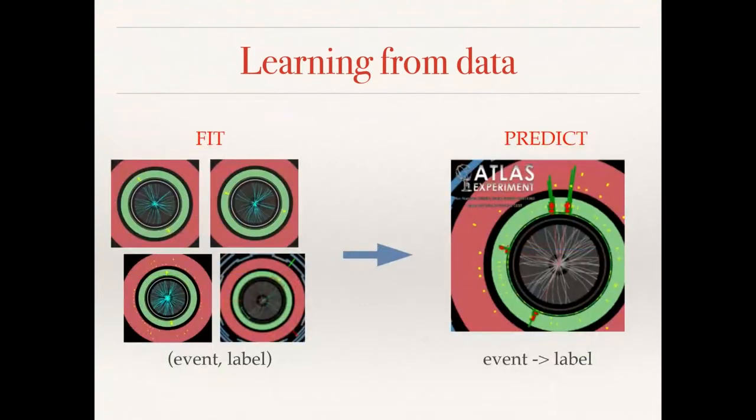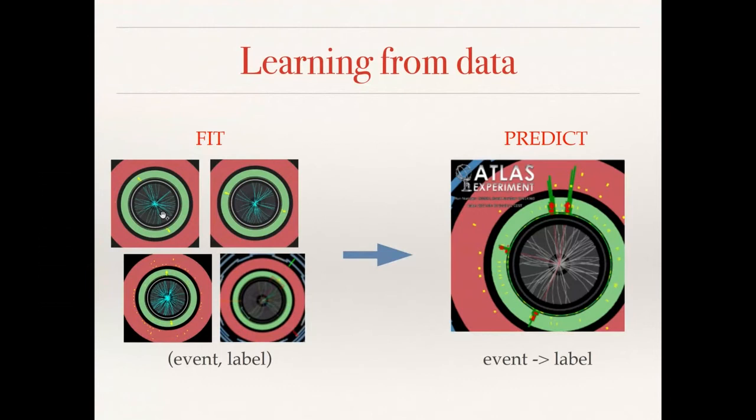Closer to home, let's say that you are a particle physicist, like we are, an experimental one, and you are trying to understand whether in the LHC collisions there are signatures of the Higgs, of having been able to produce the Higgs. The way you will do that is to learn from lots and lots of real or simulated data that shows not only Higgs events, but also non-Higgs events, where you have an event with its characteristics and a label.